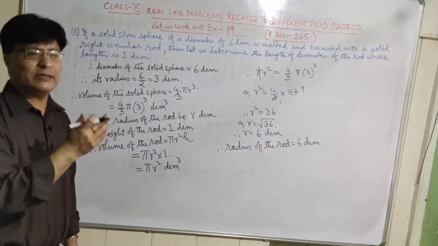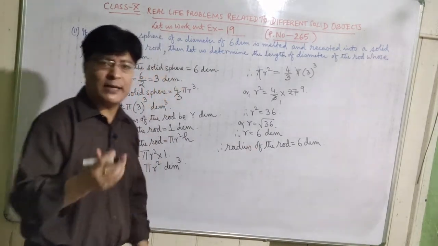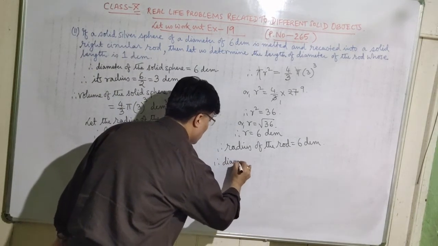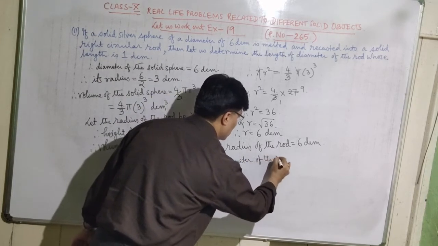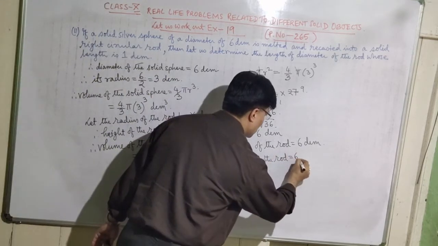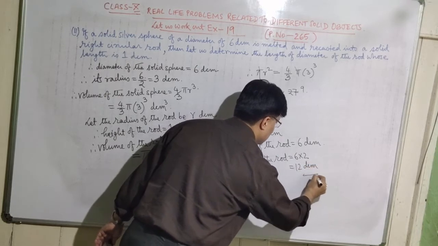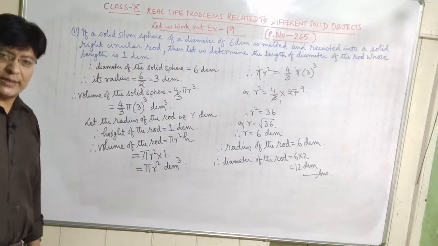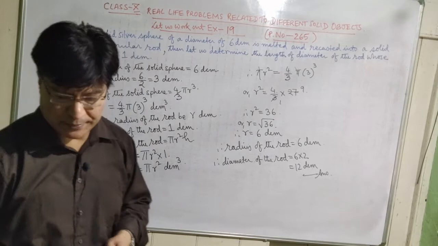You have to find out the length of the diameter of the rod. This radius should be multiplied by 2, that is 6 into 2, which is equal to 12 decimeter. So this is the final answer. I think you have understood it, so you can copy it now. We will do the next question.